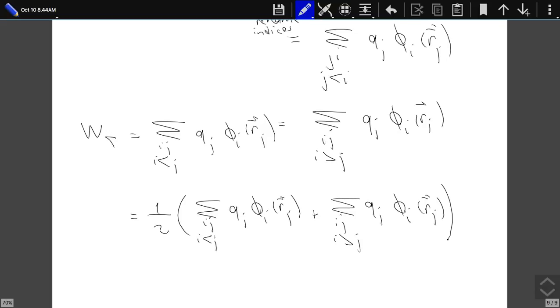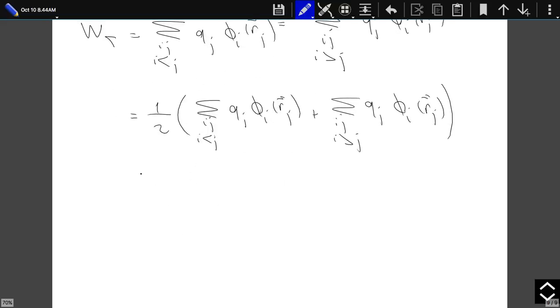But now in these two summations, I'm summing over all i and j, and the only restriction is that i is different than j. And this is the total work done to bring the system to its final configuration.